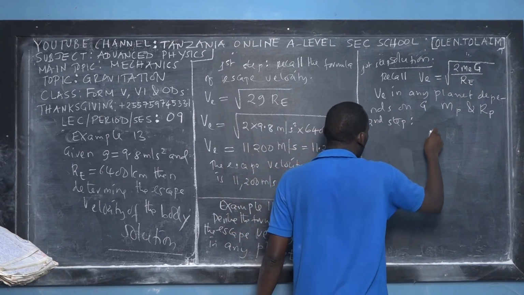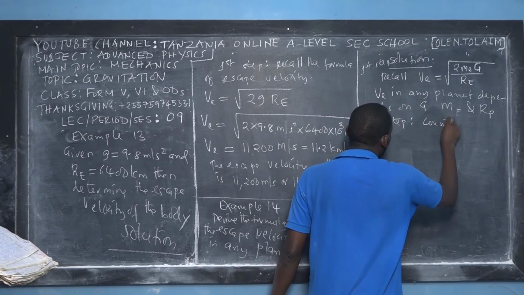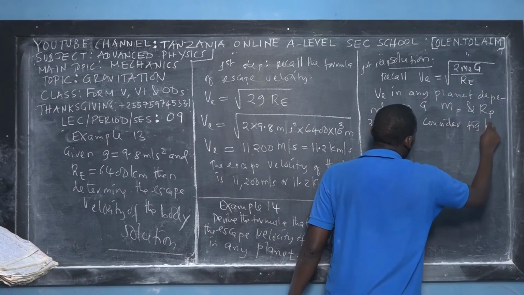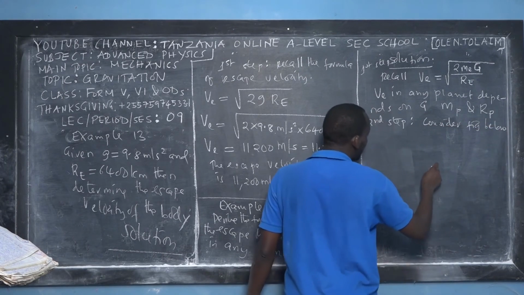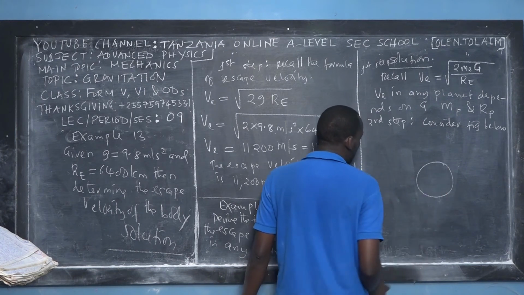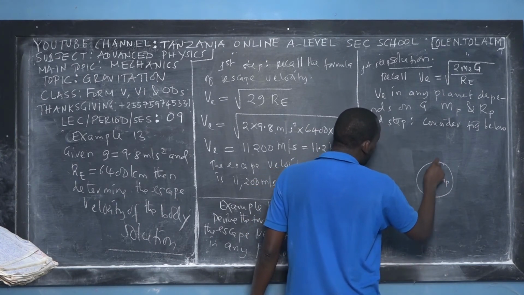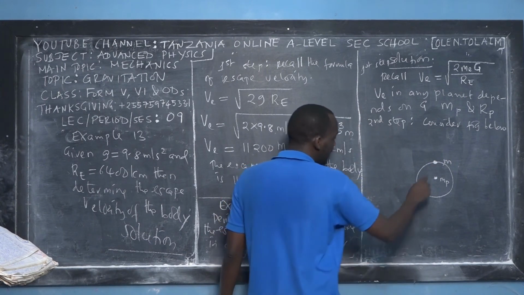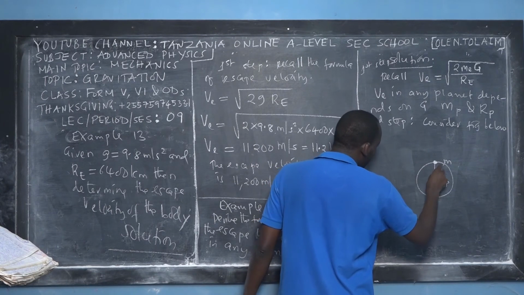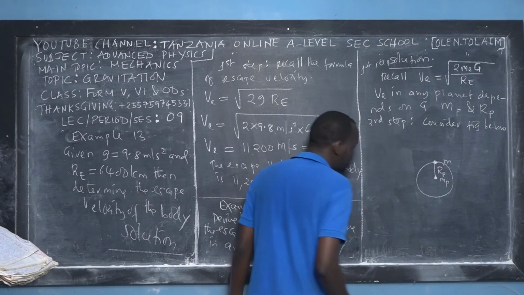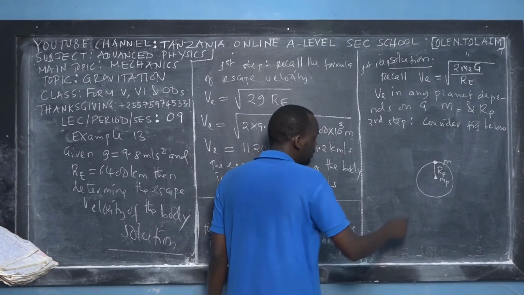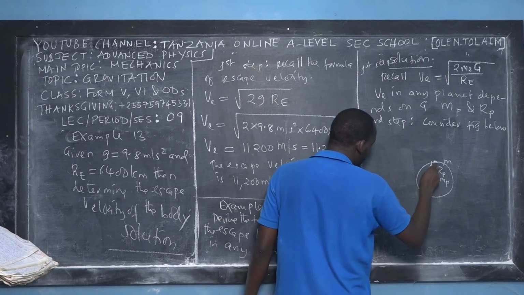Consider the figure below. Suppose we have the planet's surface. Here we have the mass of the planet, and this is the body of mass m, right? And here we have the radius of the planet. You have to understand, physics is not difficult. So this is the distance between those 2 points.